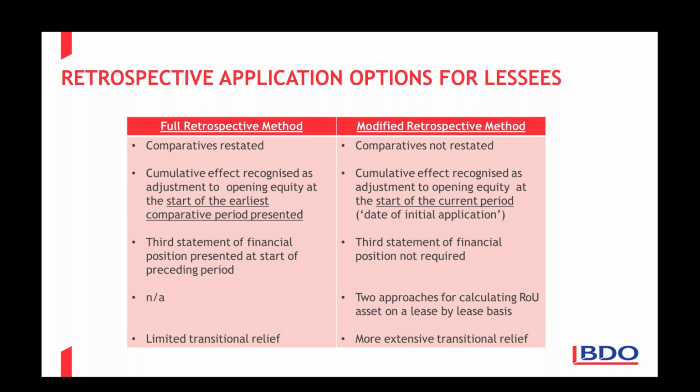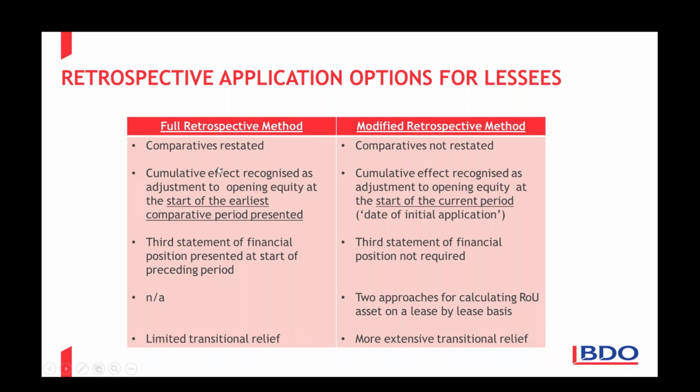You'll restate your comparative year 31 December 2018, and everything before the 1st of January 2018 will be adjusted against retained earnings on the 1st of January 2018. If you use the full retrospective disclosure method, there's a third statement of financial position that will be presented at the start of the preceding or the comparative year. So in our example, a third balance sheet at 1 January 2018.